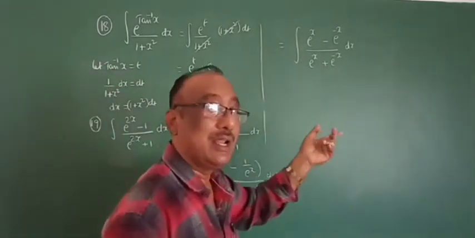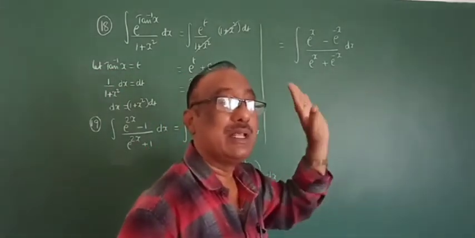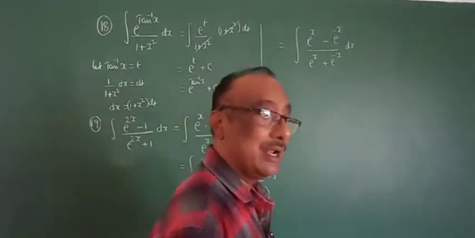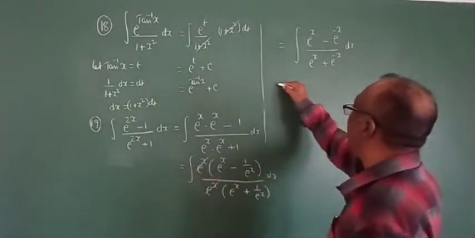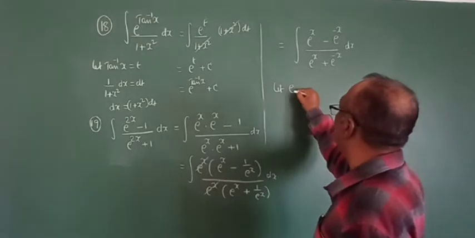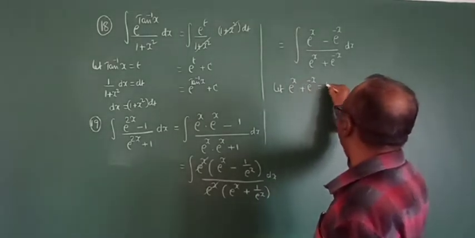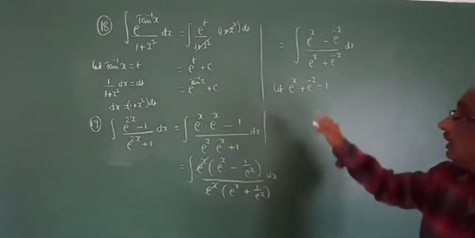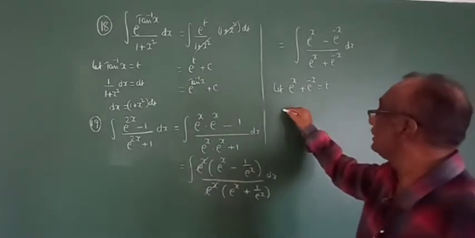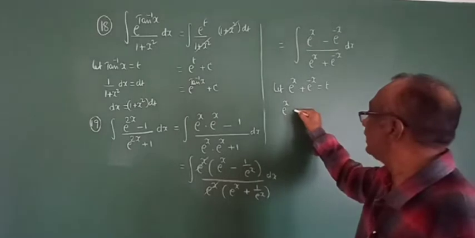Now I observe that the denominator's derivative is the same as the numerator. Now write down the denominator and numerator. Let e power of x plus e power of minus x be t. The derivative of e power of x is the same e power of x.